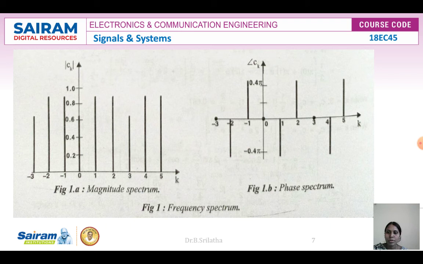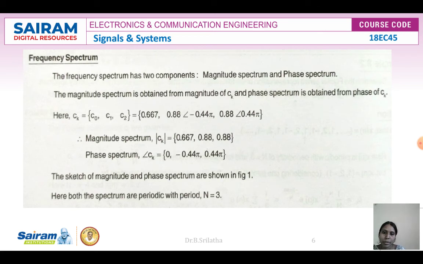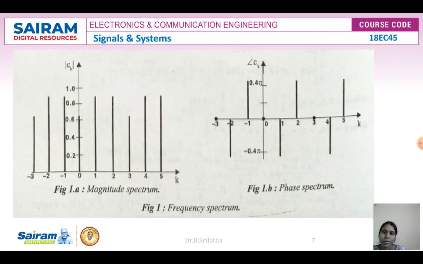At n equal to 0 the value is 0.667, at n equal to 1 it is 0.88, and the same for n equal to 2. These three values repeat for 3, 4, 5, and also previously, because it is a periodic signal. So this gives the magnitude spectrum.